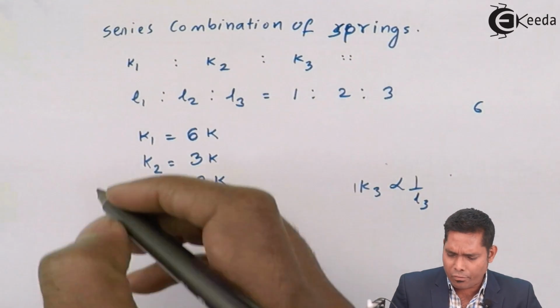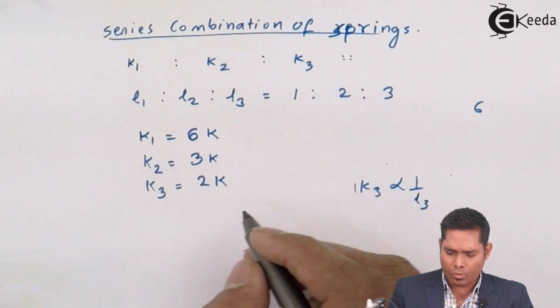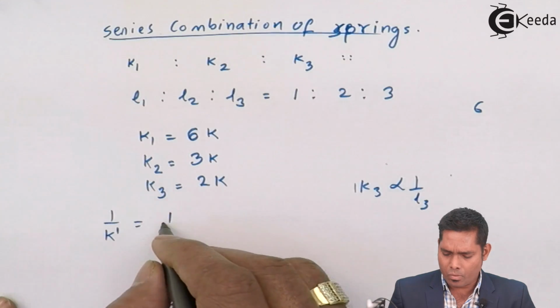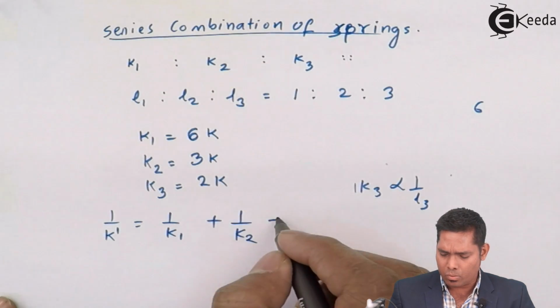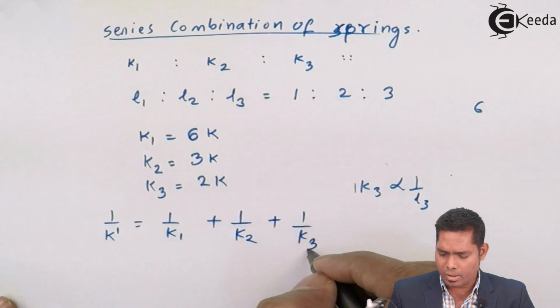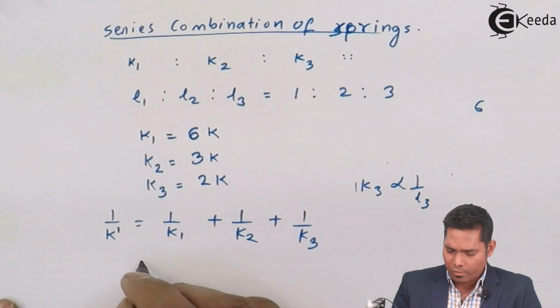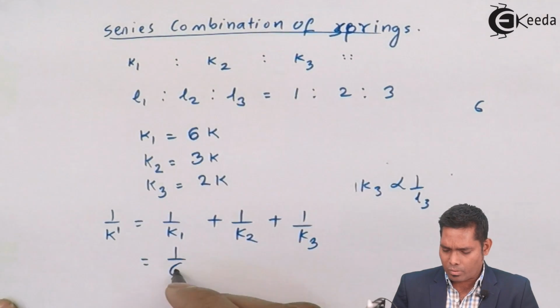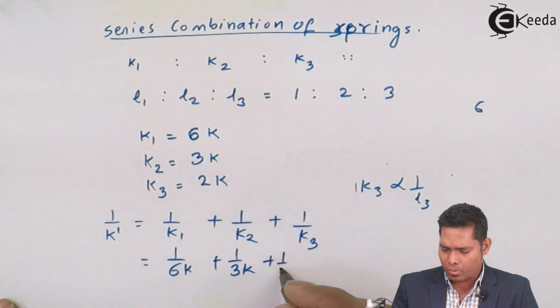Now, in a series combination of springs, the formula for K effective, that is K prime, is 1 over K1 plus 1 over K2 plus 1 over K3. Putting in the values: 1 over 6K plus 1 over 3K plus 1 over 2K.